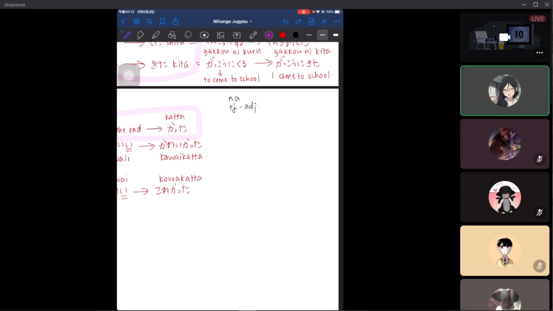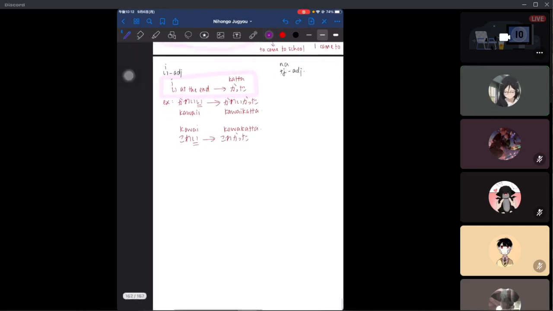I do it in another color because this one is something extra. For na adjectives, the reason why it's called na is because when you use that word, for example, the word that I introduced, kirei, and you want to say that person is pretty, you have to say kirei na hito.